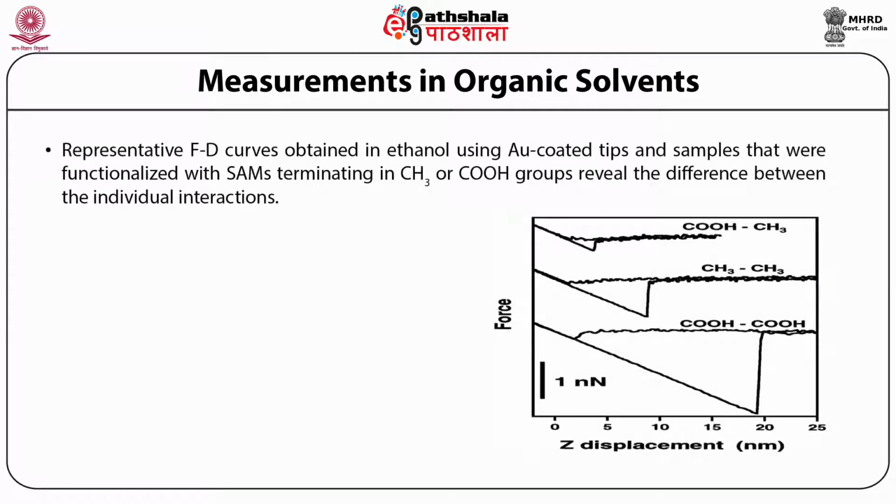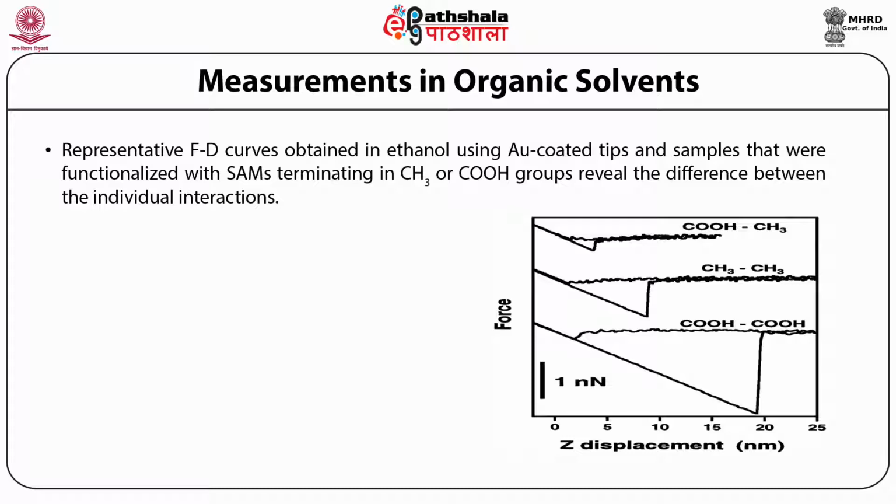Representative figures of FD curves obtained in ethanol using gold-coated tips and samples that were functionalized with SAMs terminating in CH3 or COOH groups reveal the difference between the individual interactions. Here, a graph has been given which is a plot of force versus displacement denoted by Z on the x-axis.